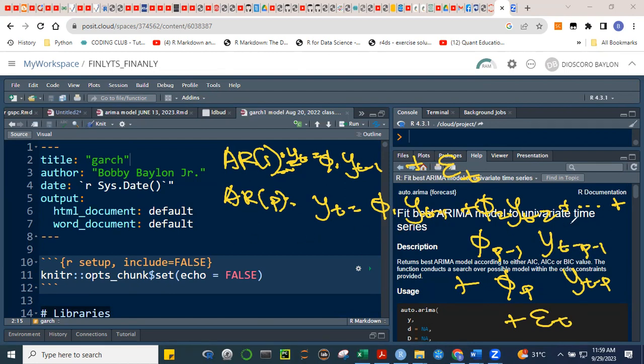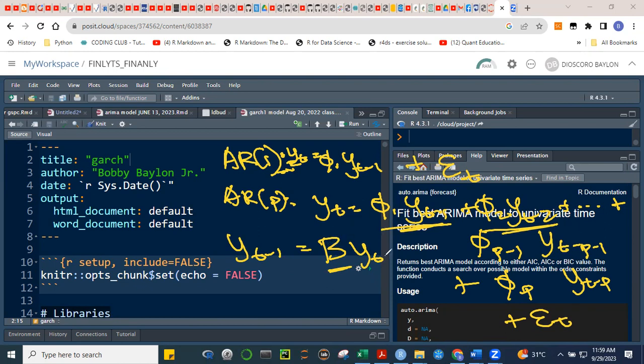Konting review lang to. Actually, class, let me just show you. Itong phi sub 1 na to, kasi you might be confused, itong y sub t minus 1, class, it can be named as B y sub t. B means backward operator, backshift operator.